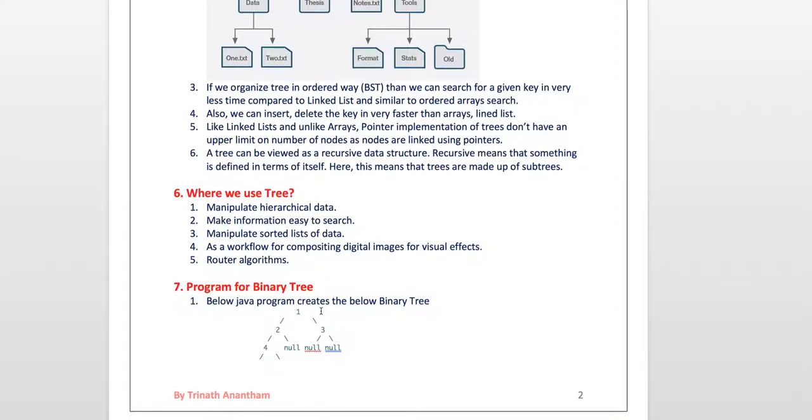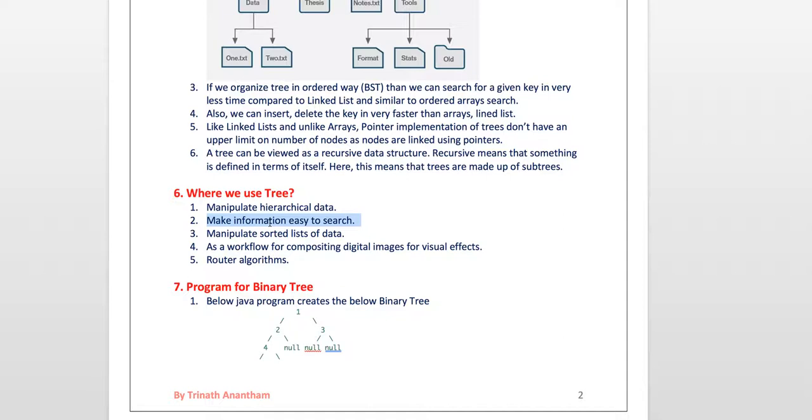If you see where we use trees in real time, it is when you have hierarchical data, like D drive folders, or companies and organizations with CEO, technical architect, any hierarchical data. You can go for trees. Also you can make information very easy to search: if it is less, just go to the left-hand side; if it is greater, go to the right-hand side.